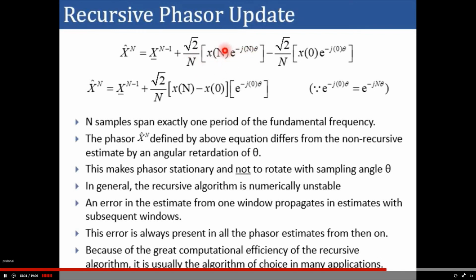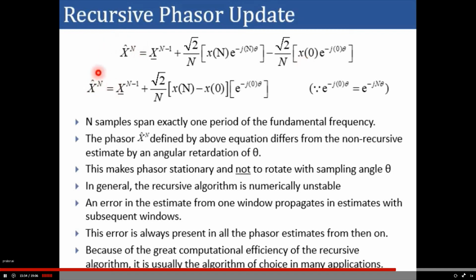So one 0 we are replacing with capital N, and the other 0 will remain the same because e to the power minus j0 theta is nothing but e to the power minus jn theta. So the capital Nth sample and the 0th sample will be the same if we are sampling at a constant frequency.